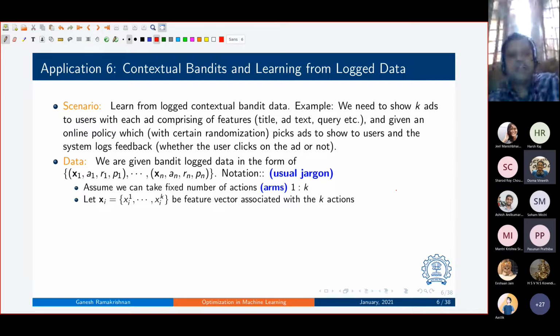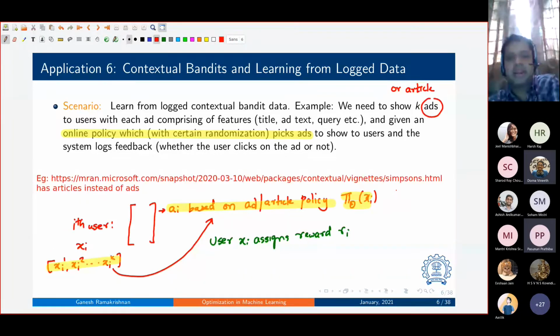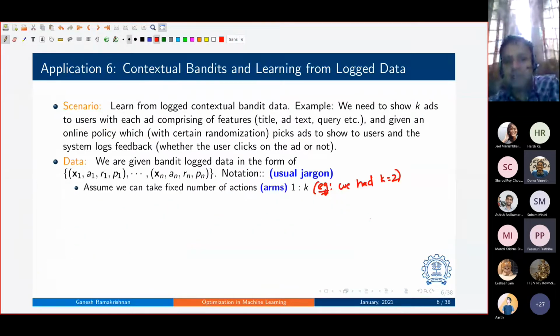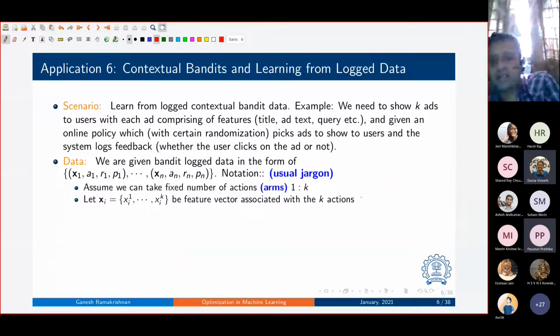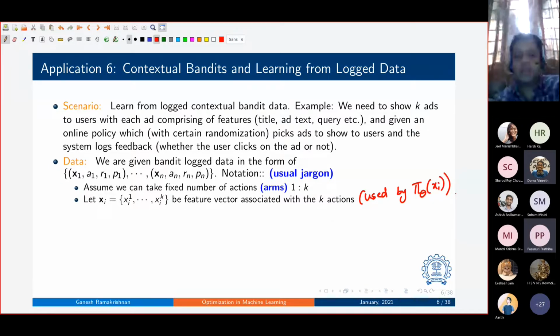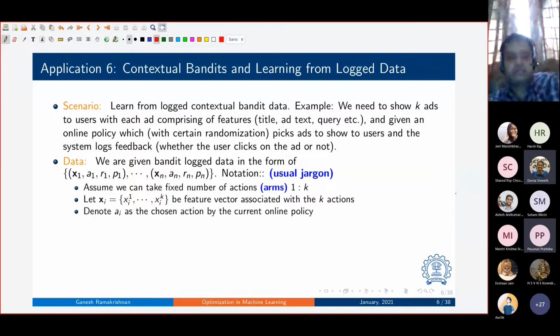And now there are feature vectors which are used by the policy, the backend policy, which we denoted by pi theta xi. That pi theta xi is using these features to come up with an action. Ai is the action chosen by the current online policy, which is the pi theta xi.